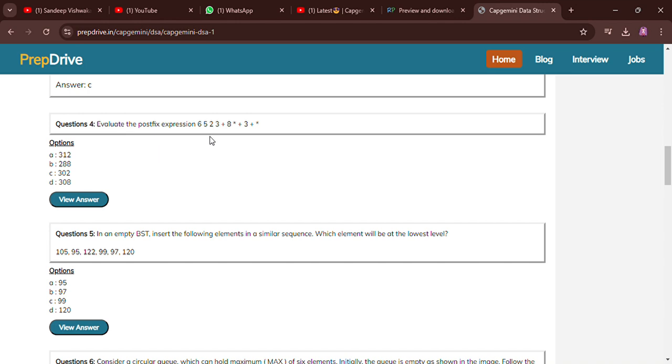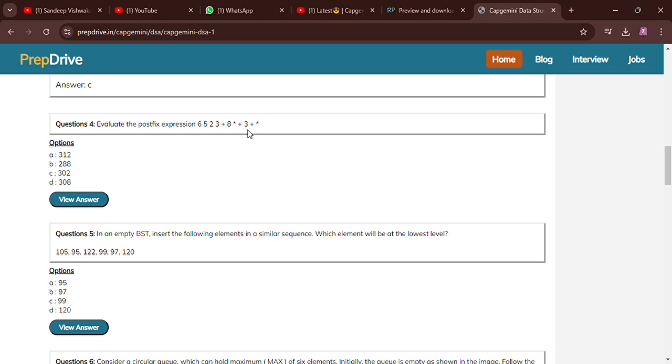So in the stack we have 6, 5, 40, then plus, which is again an operator, so we take two elements, 40 and 5. 40 plus 5 will be 45, and we push it back into the stack. So in the stack we have 6 and 45, and then 3 is pushed onto the stack, and then plus, so we take 45 and 3 and apply plus.